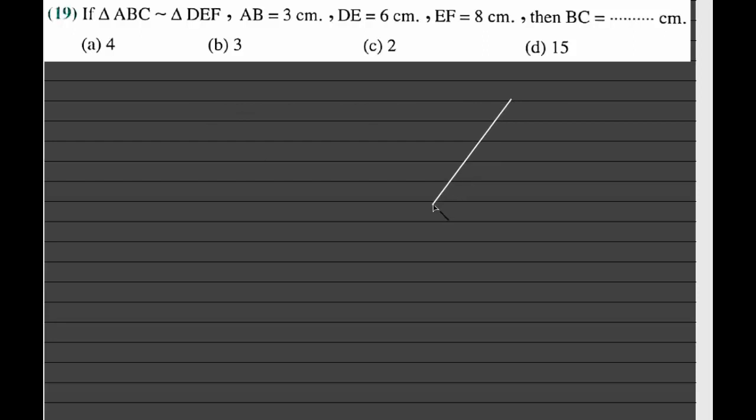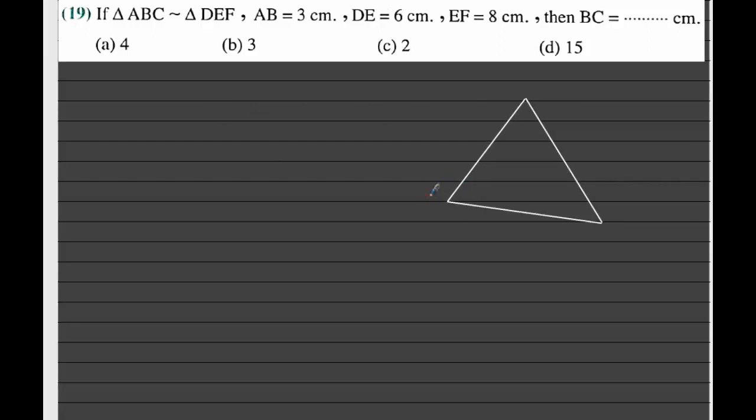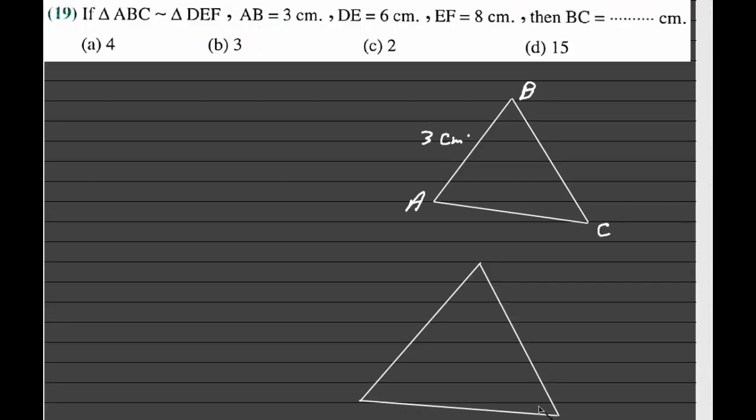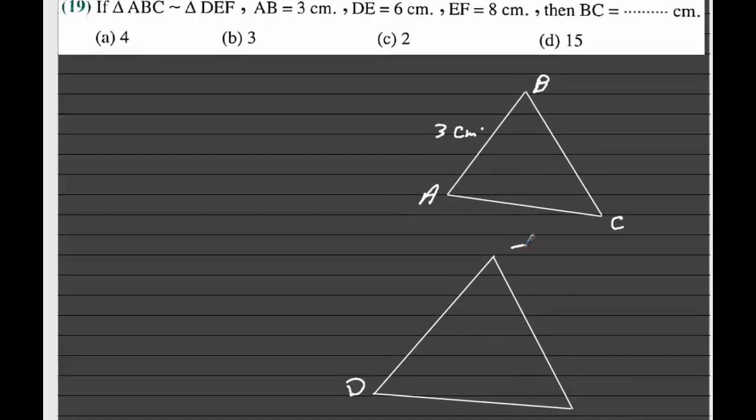We have here ABC and we have AB equals 3 centimeters, and the other is DEF, in the same order, ABC, DEF, and DE equals 6 centimeters, and EF equals 8 centimeters, and the required here is to find the length of BC.